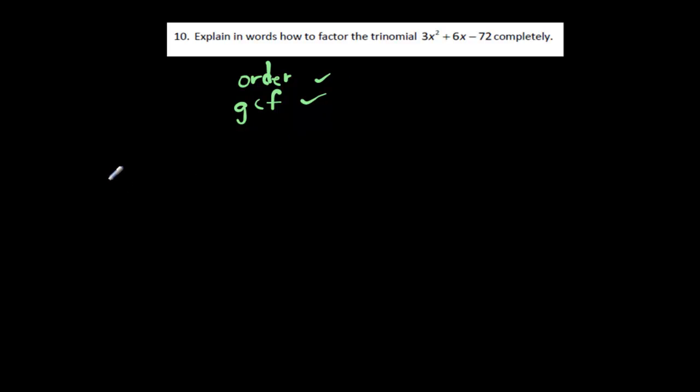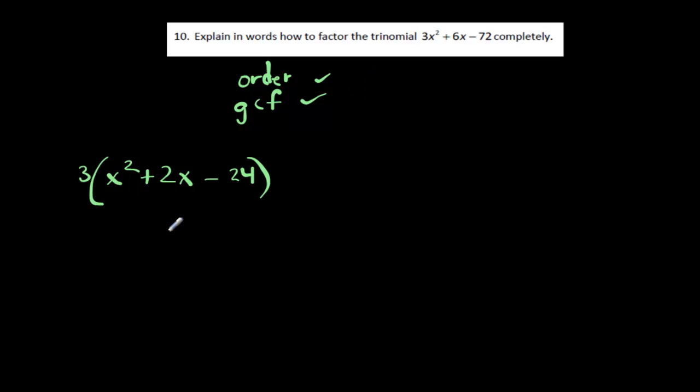You have to factor out the greatest common factor, which is 3. So in factoring that out, you would end up with this as your trinomial inside. So you factor out the greatest common factor, you end up with that.